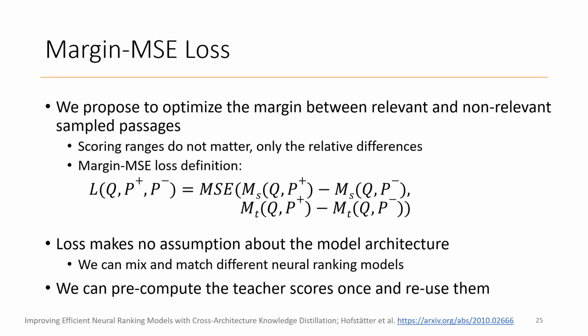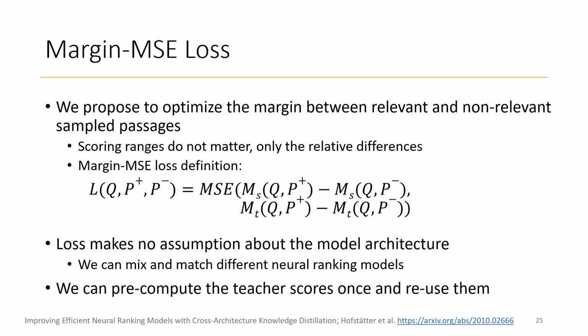And we don't need to change anything about the architecture to use this Margin-MSE loss, which is defined as the mean squared error of the margin of the student versus the margin of the teacher. And the margin of the teacher is used as label in this case, and only the student model participates in the gradient updates.